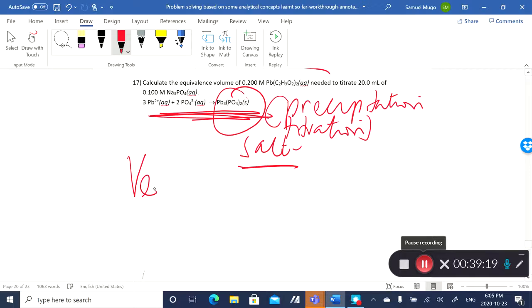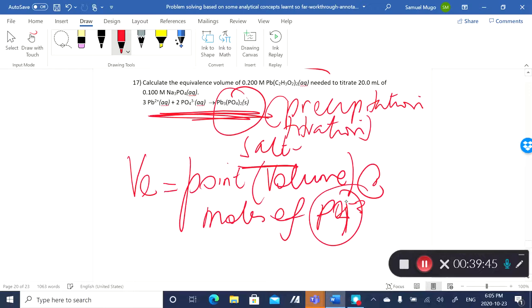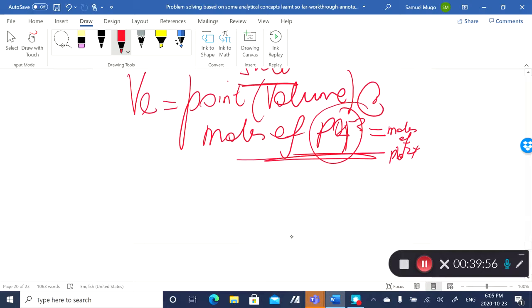Remember, the equivalence volume is the point, or the volume, at which you've added enough moles of the titrant so that the moles of the analyte, in this case the phosphates, equal the moles of the lead. You've added enough volume to satisfy that relationship.